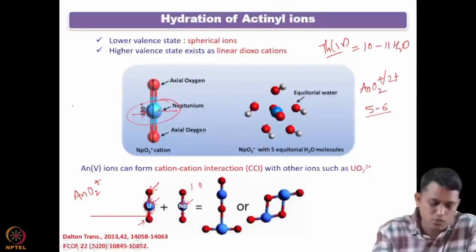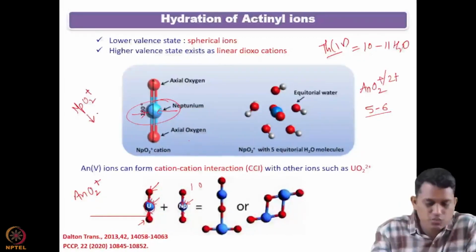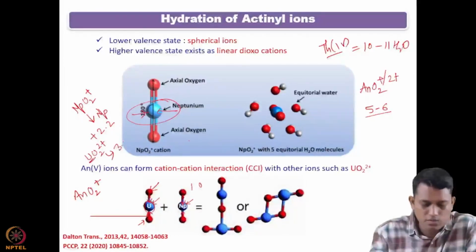If you talk about neptunium, let us say NpO2+, and you see the charge on neptunium exactly, it will be around 2.2. Whereas if you see uranium, that is UO2 2+, and you try to see the charge on uranium, then it is around plus 3.3.